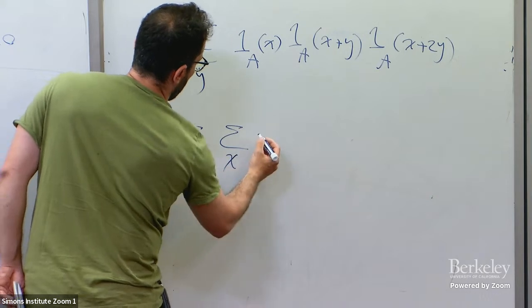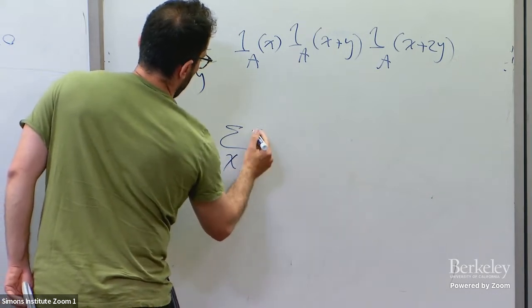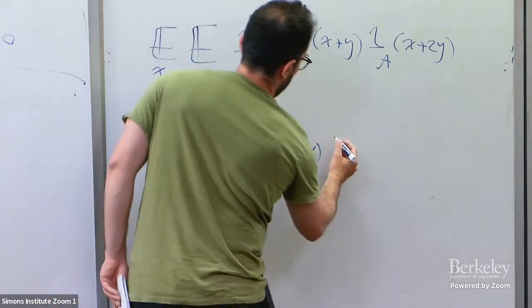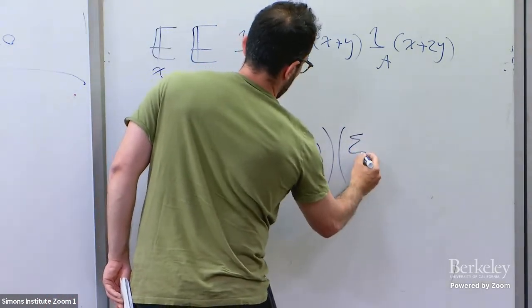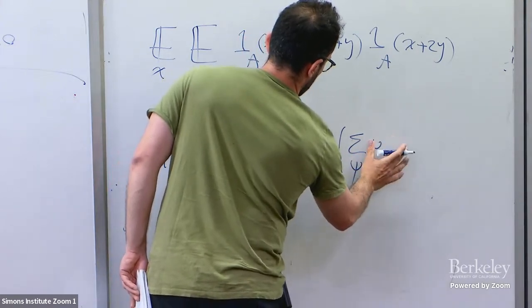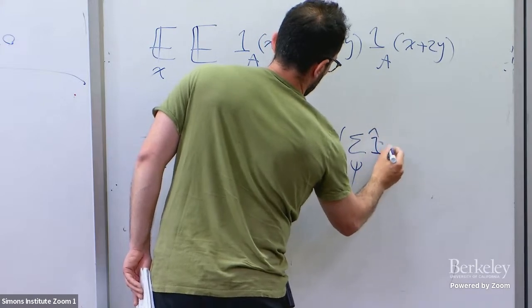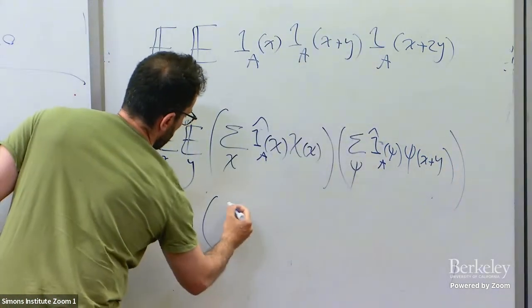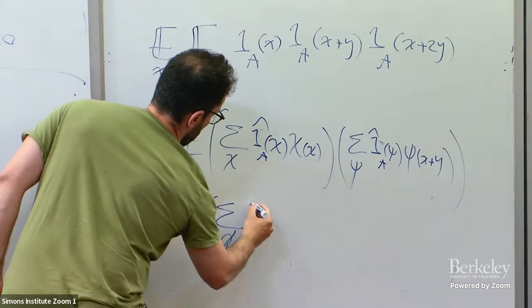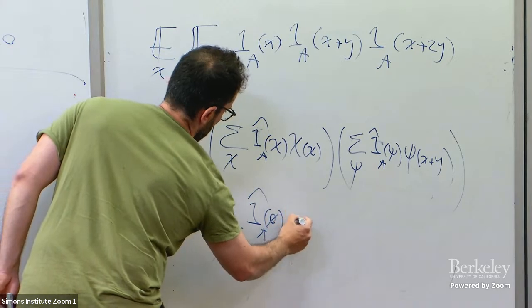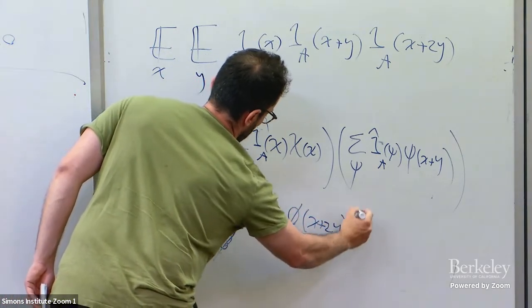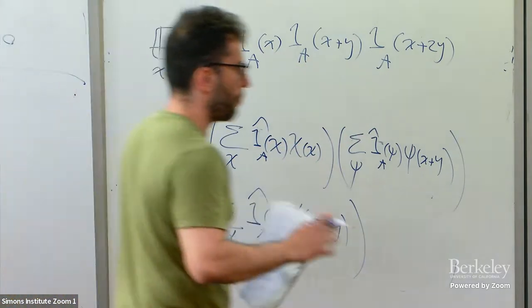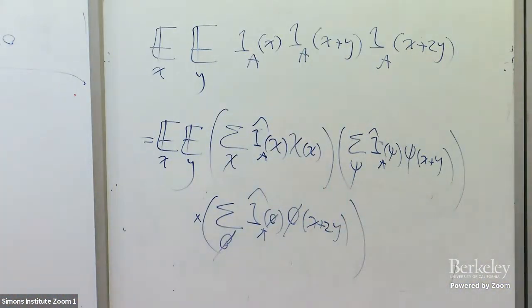I replace each copy of 1_A with its Fourier expansion, and now I can just distribute these sums.